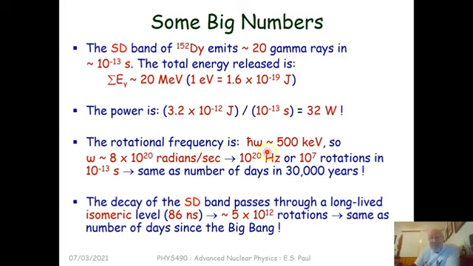Something else we can work out, we know that the rotational frequency is half the gamma ray energy, and a typical gamma ray energy is about 1 MeV. So we can say then that a typical rotational frequency is 500 keV, or at least h-bar omega is that value. In other words, the rotational frequency is about 10 to the 20 or 10 to the 21 radians per second, and this would convert into 10 to the 20 hertz for the number of revolutions per second.